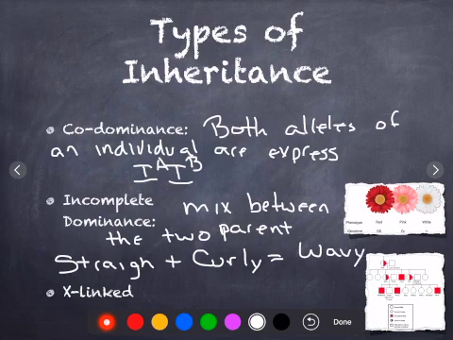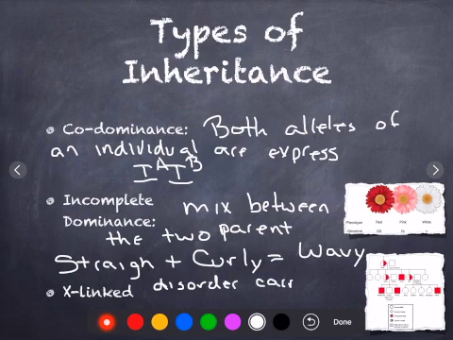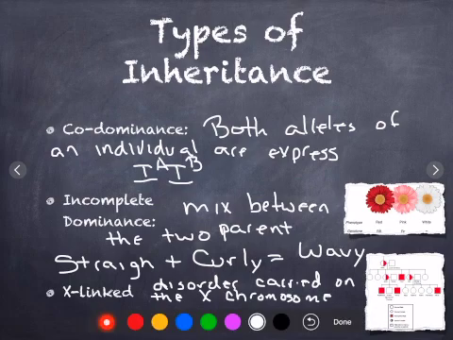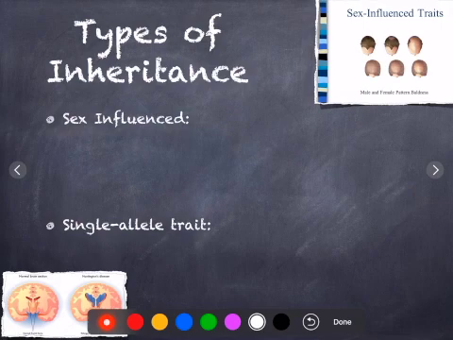And the last one we have on this page is X-linked. Now this is a disorder carried on the X chromosome. So in this case, males are going to contract this much more than females ever would. Okay? Now the next two, we have sex influence.